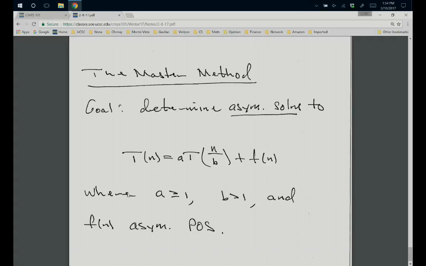Let epsilon equal the difference between these two degrees, the larger minus the smaller. Log 4 of 5 minus 1. So, because of this inequality, epsilon is greater than 0.